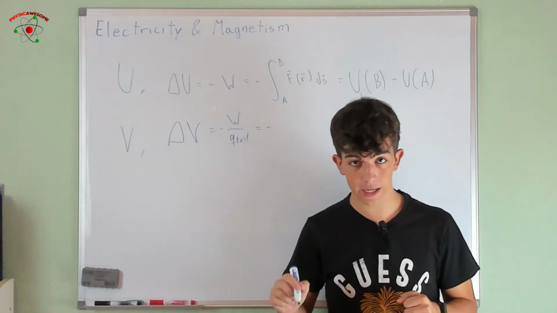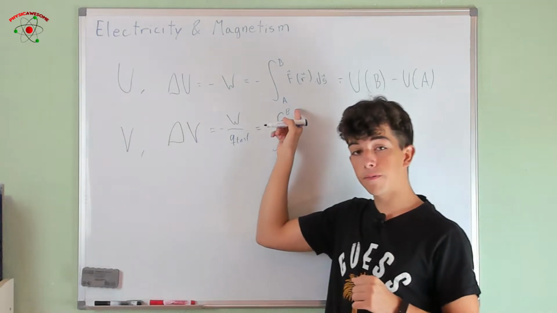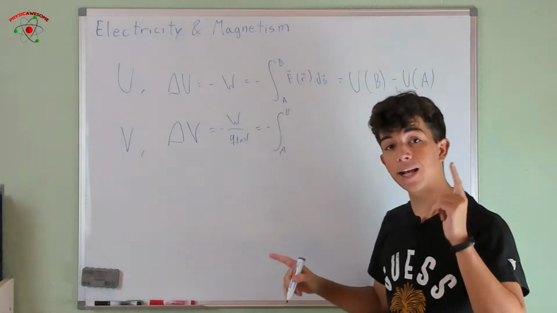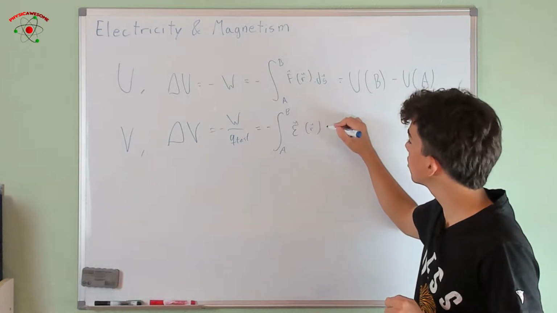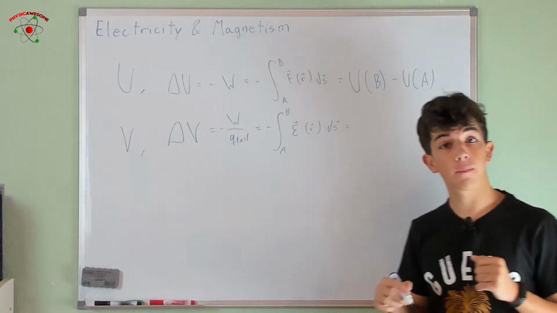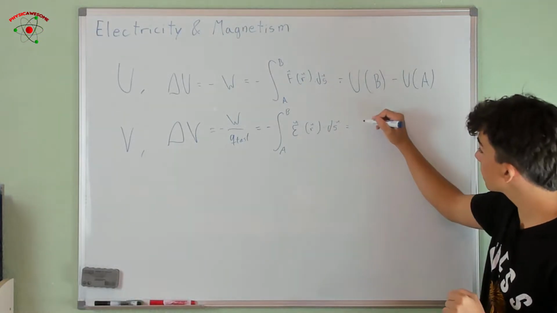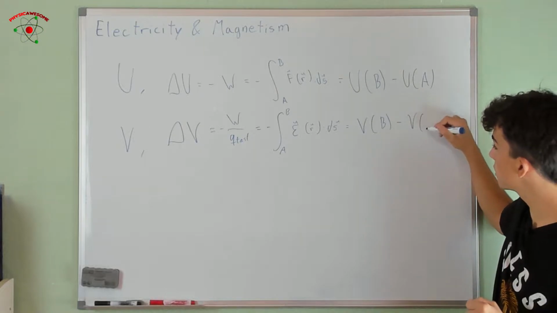And now this is going to be the path integral from A to B, not of the force, but of the electric field, which is also probably going to be dependent on r. And we end up getting, in a very similar manner, pretty close formulas for this situation.